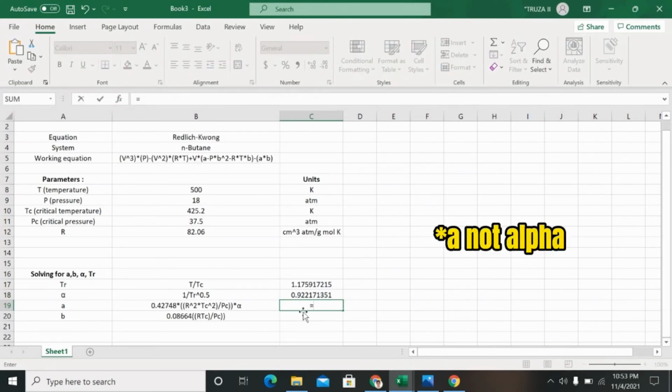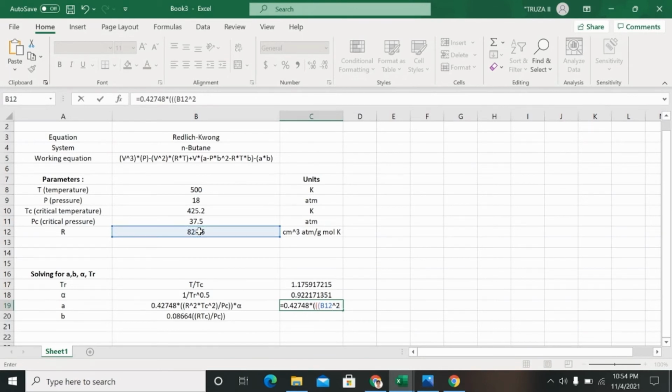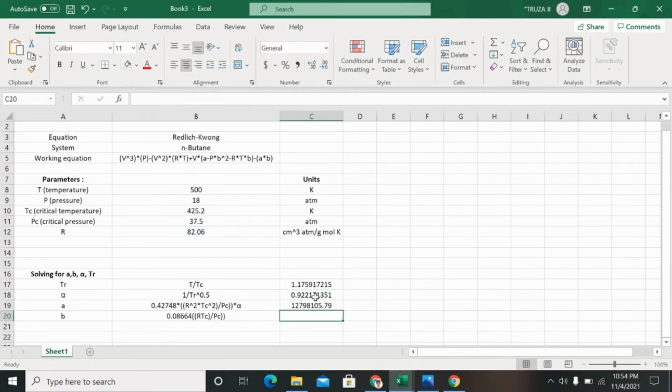And also the A, which is equal to 0.42748 times R squared times the critical temperature squared, divided by the critical pressure, all over times the alpha, which is this one, and we have this value.